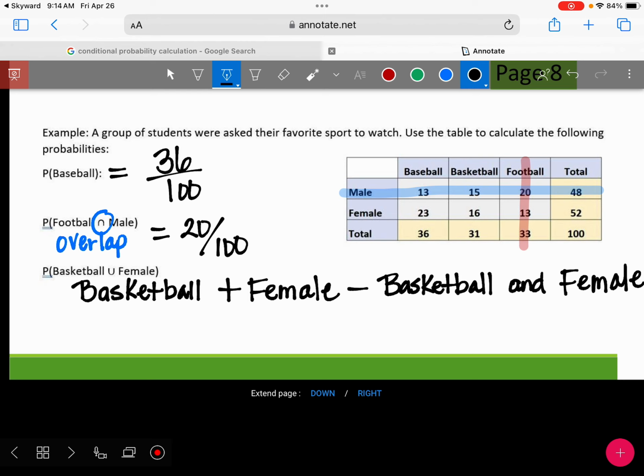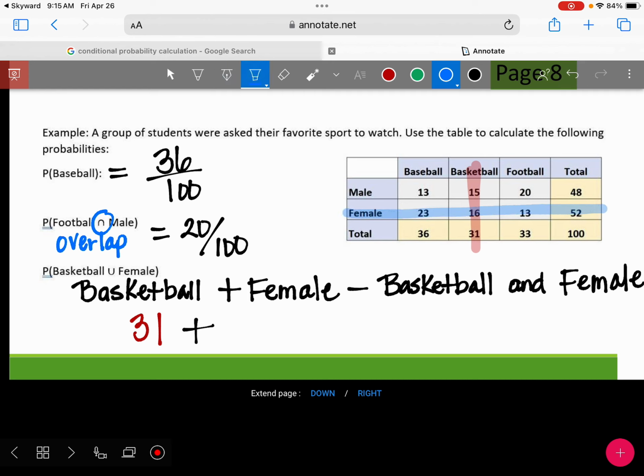Okay, so let me go ahead and erase my highlight. So basketball, if I look at my table, how many people in total said they like to watch basketball? 31. So we got 31 plus, and now we've got to look at how many are female. How many female altogether?